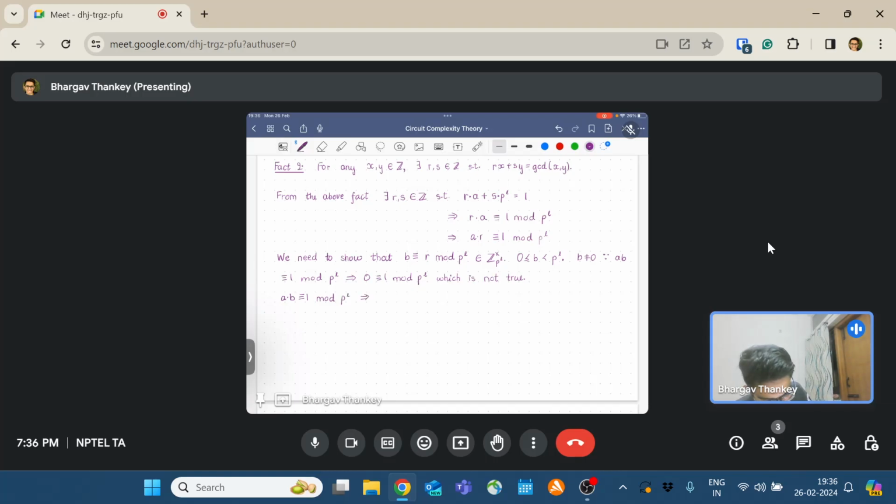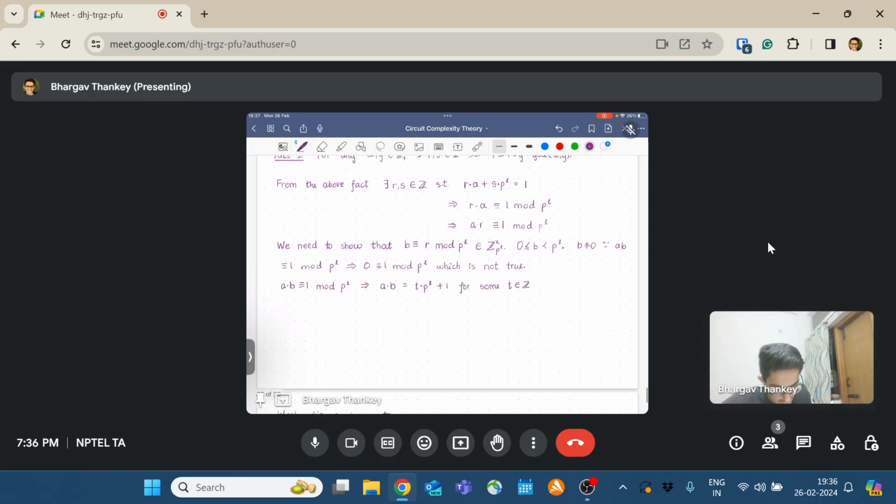This implies that A times B looks like, I've used S, so let me say T times P to the L plus 1 for some T in Z, right?